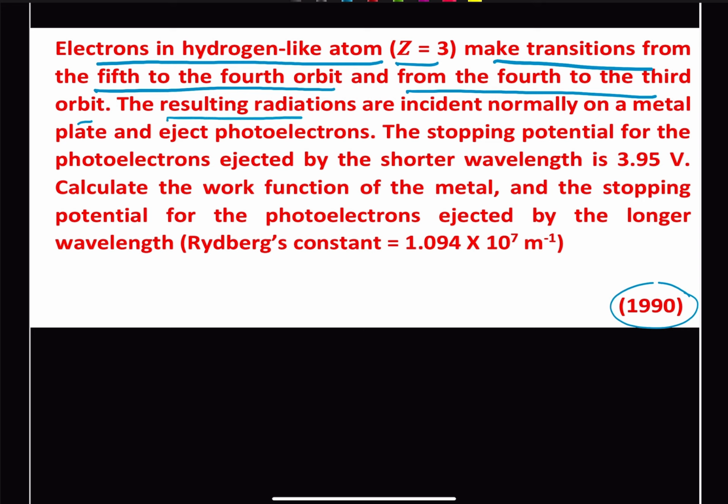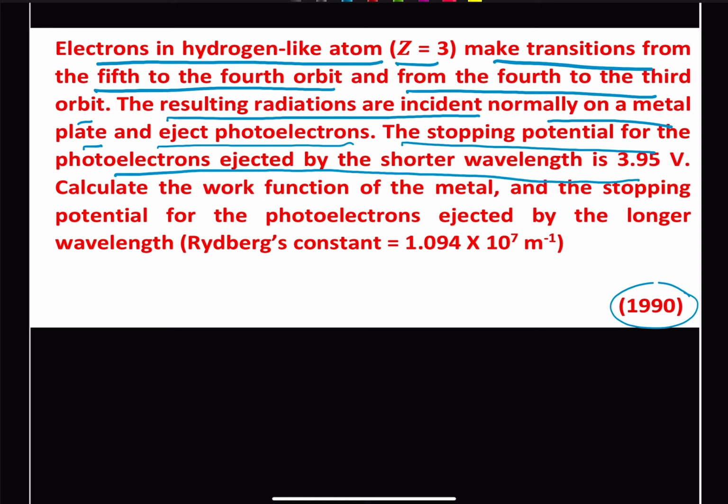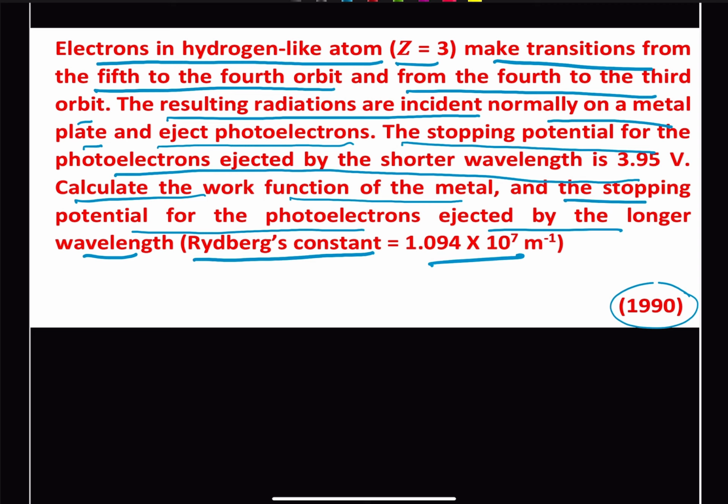The resulting radiations are incident normally on a metal plate and eject photoelectrons. The stopping potential for the photoelectron ejected by the shorter wavelength is 3.95 volt. Calculate the work function of the metal and the stopping potential for the photoelectron ejected by the longer wavelength. Rydberg constant is 1.094 × 10^7 per meter.